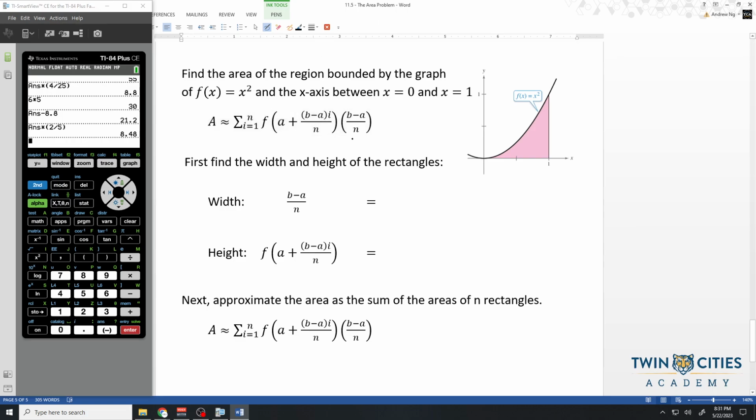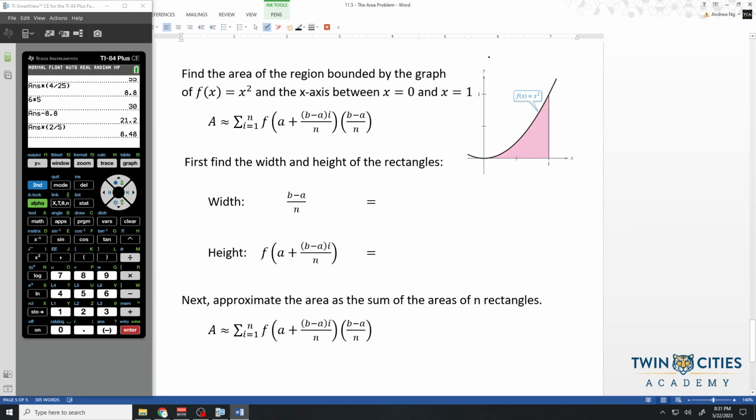So I'm going to use the same formula. The area is about the summation of i equals 1 to n of the function evaluated at a plus b minus a times i over n, and then times b minus a over n. This is your height, and this is your width. First, let's fill in. What is a?